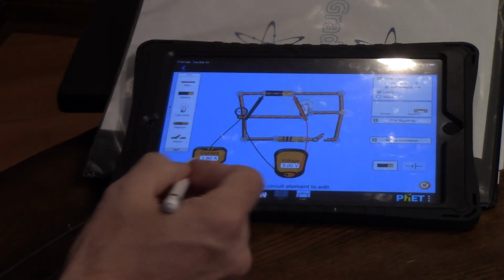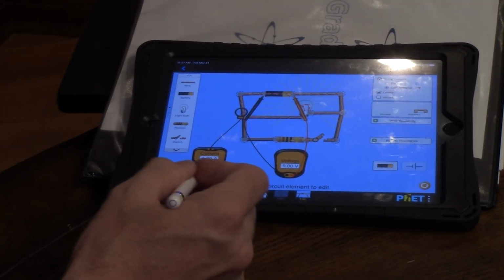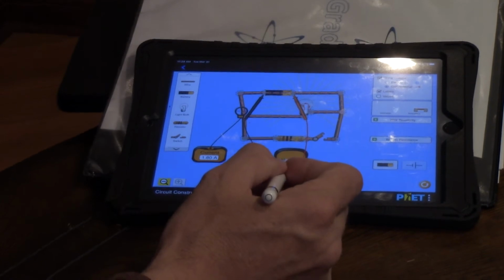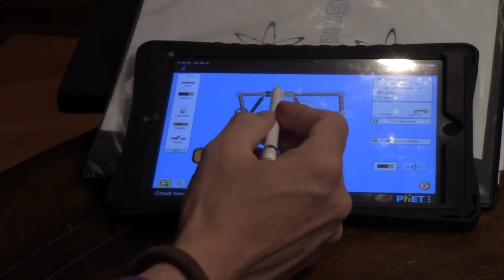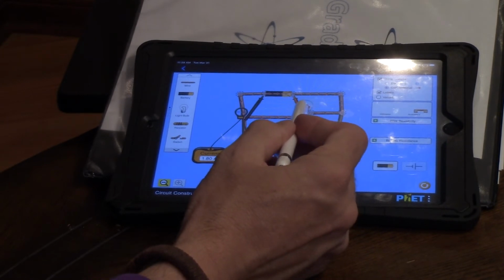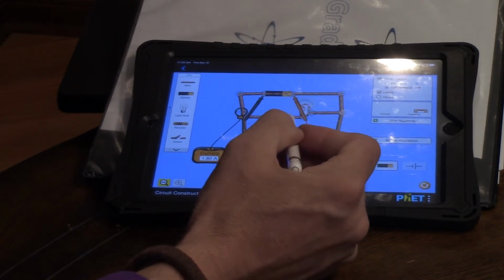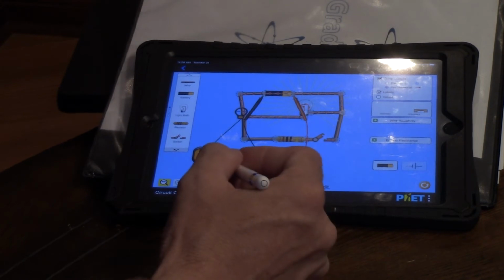I've got a current right now of 1.80 amps and a voltage of 9 volts. So I could calculate the resistance of that bulb, which we'll get into later, because I know my voltage and I know my current.